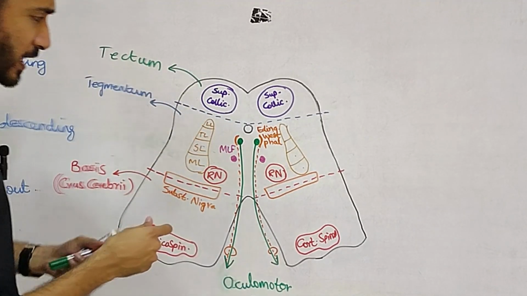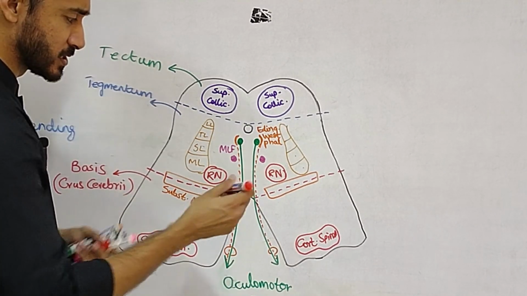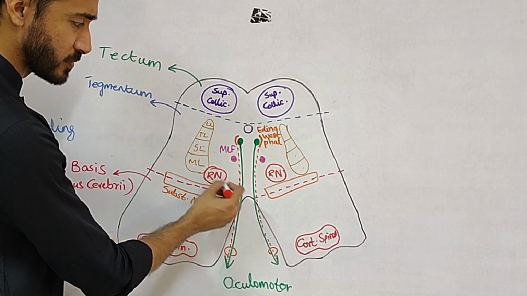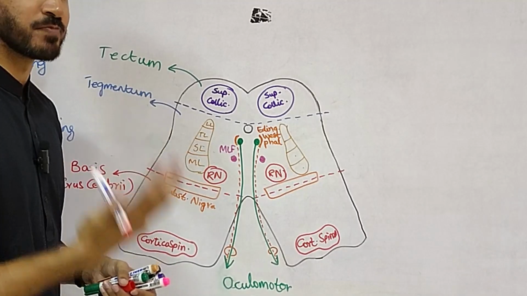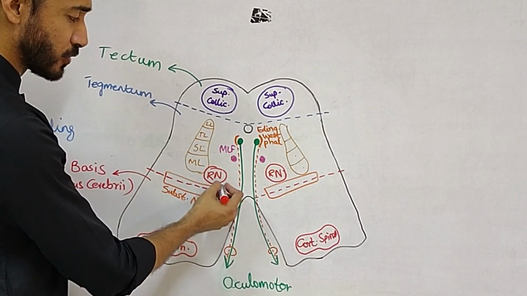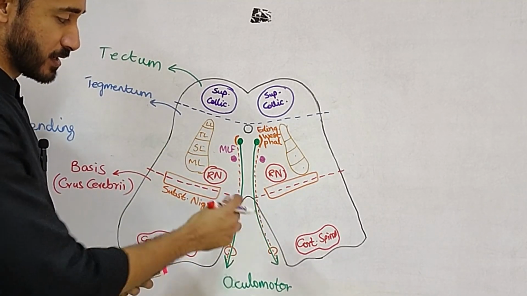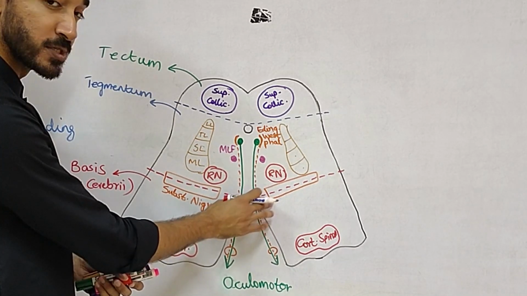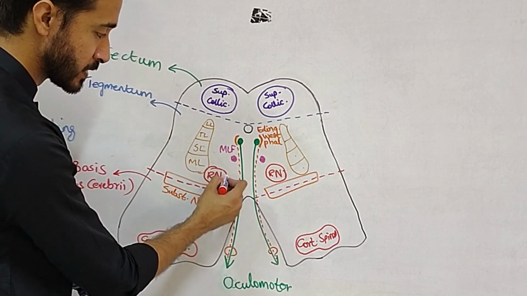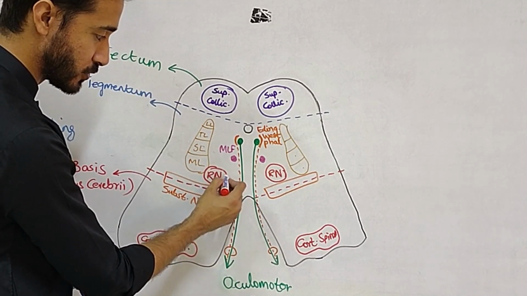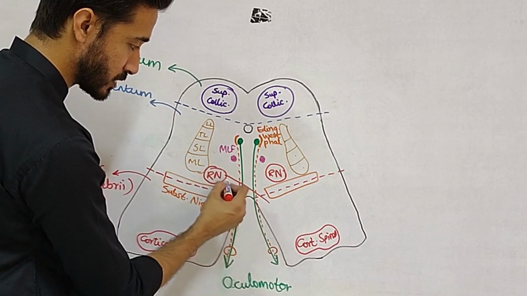Some books also show the red nucleus. The motor fibers that come from the red nucleus are called rubrospinal fibers. If you want to draw them, you can, but you need to draw them crossing over to the opposite side in this very region. I don't want to cramp it up, but if you want to draw them, you can draw them like this.